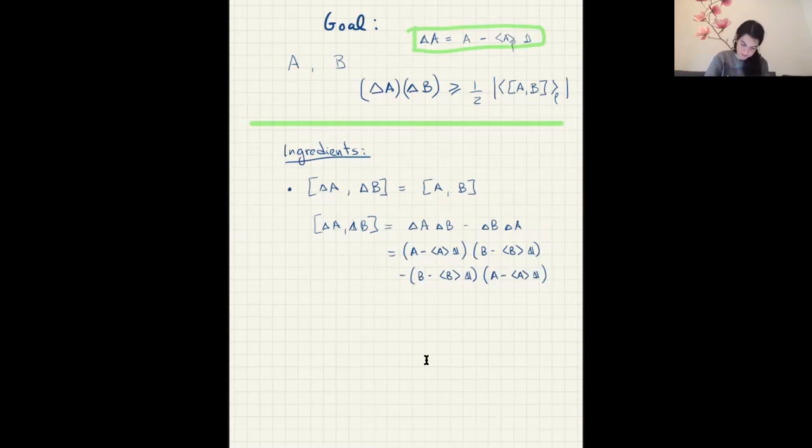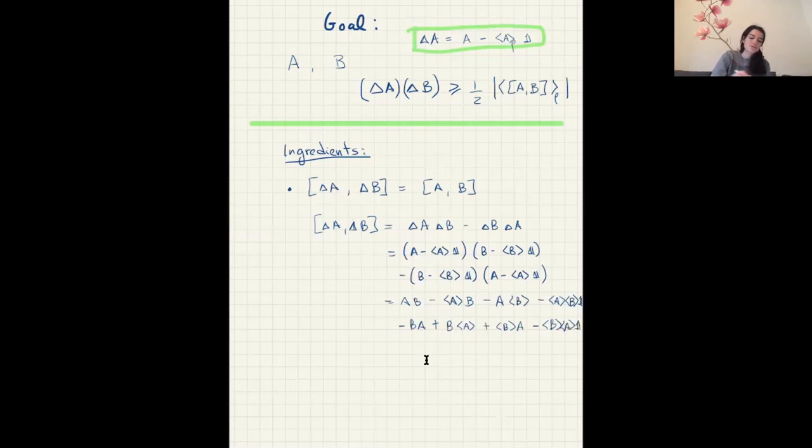Okay, so let's do all the terms. We have AB minus AB minus AB minus AB identity, and now minus BA plus BA plus BA minus BA identity.